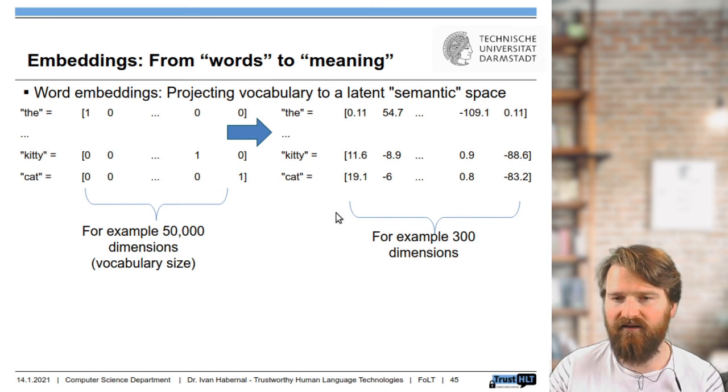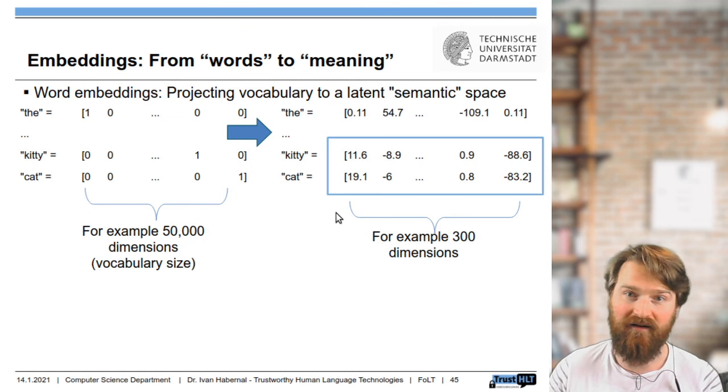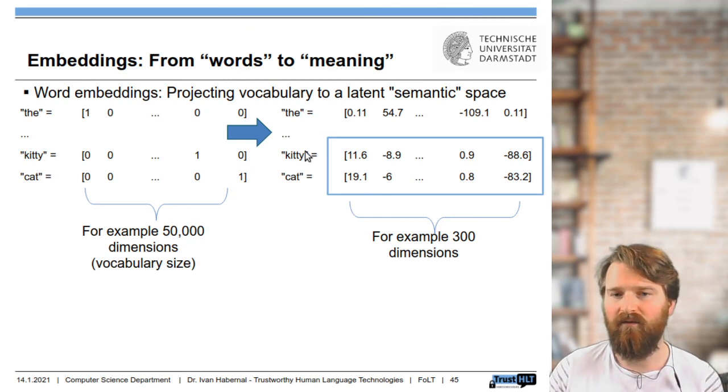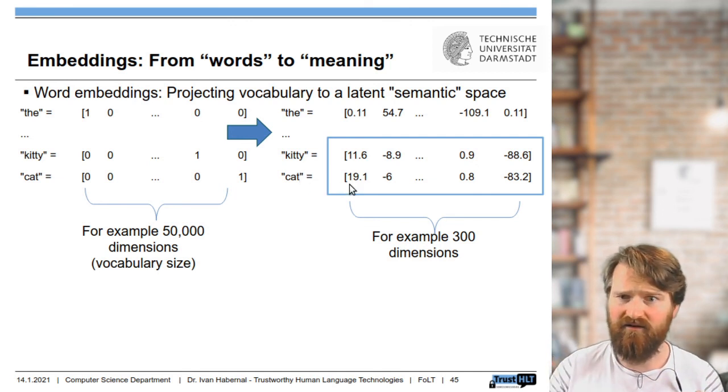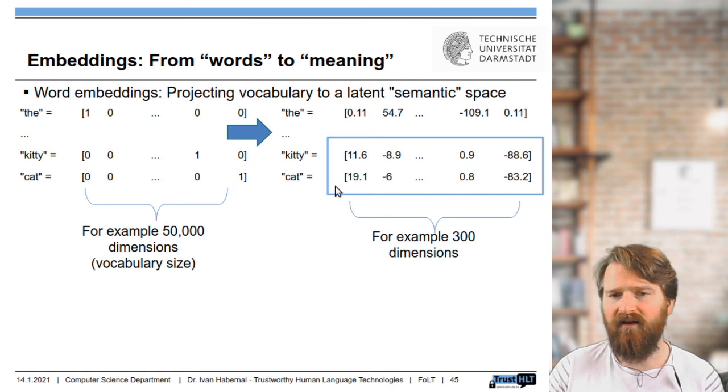This vector space has some nice, desired properties: words with similar meaning are similar, so they live next to each other in this high-dimensional space. Here kitty and cat are very distinct, but in the semantic space kitty and cat are sort of similar vectors. Not the very same one, but very similar.